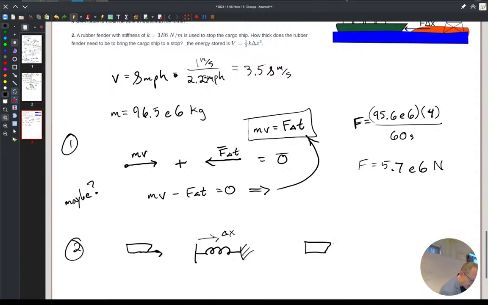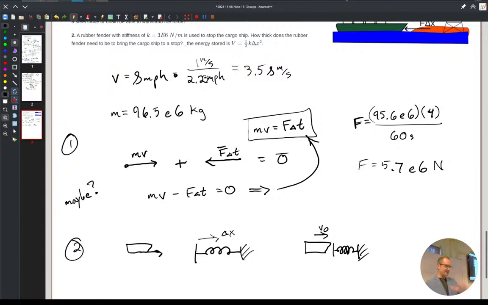I guess the problem of it launching the boat backwards is somebody else's problem, but we'll say there's damping involved. But as a rough first order, how stiff does it need to be to actually bring it to a stop?